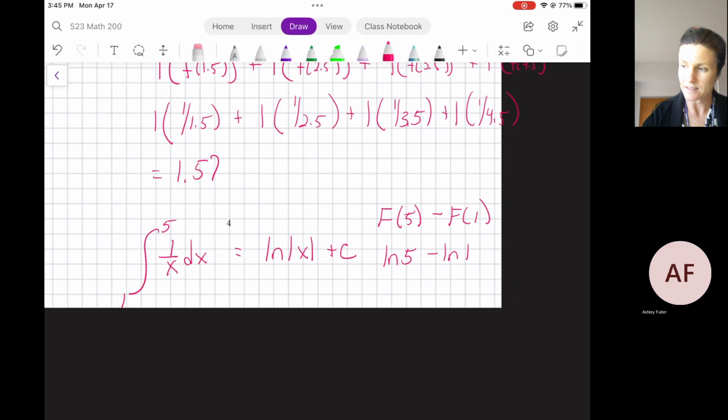And if we calculate the ln of 5, we're going to get a value of 1.6 minus the ln of 1, if you remember correctly, is going to give us a value of 0. So the actual value is 1.6, and our Riemann sum estimated it to be 1.57.